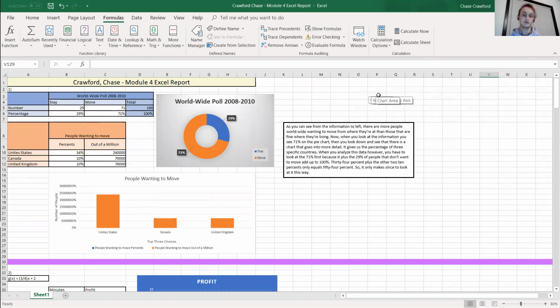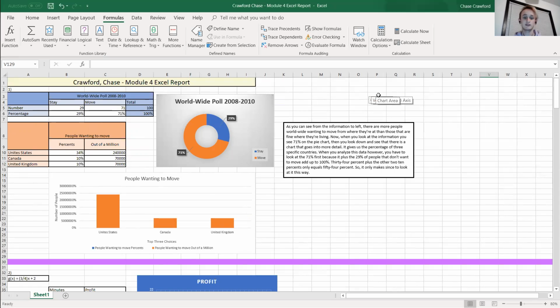And now let's start with number one. This one is dealing with the worldwide poll over people that want to move because they're not happy with where they're at, and the people that are like, I'm fine with where I'm at, so I don't want to move.